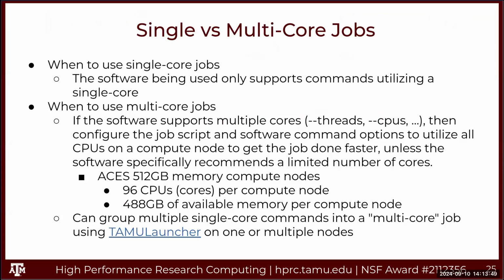All right, single node job. Be aware of the software. Look at the help documentation for the software. Look for options like threads or CPUs. This will let you know that the software does support multiple threads.